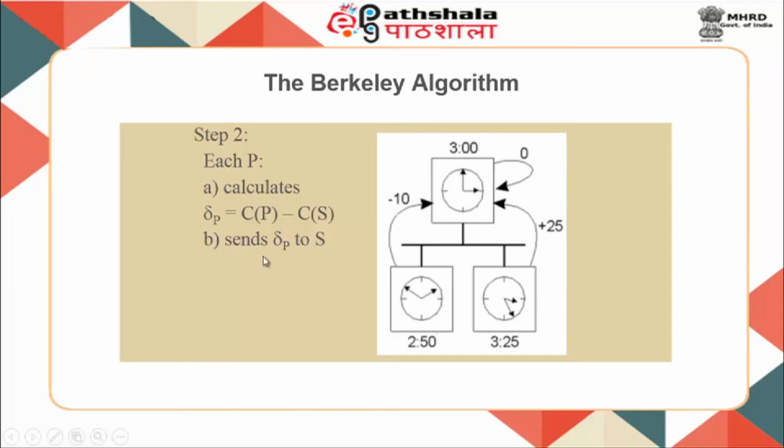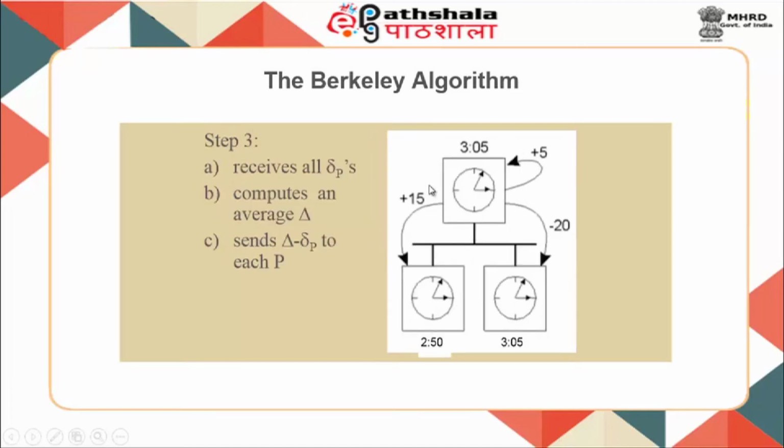So, now in step 3, what will the server do? The server, after receiving all the delta p's, will calculate the value of delta. In our case, the value of delta is plus 5. Then it will do delta minus delta p for each process.